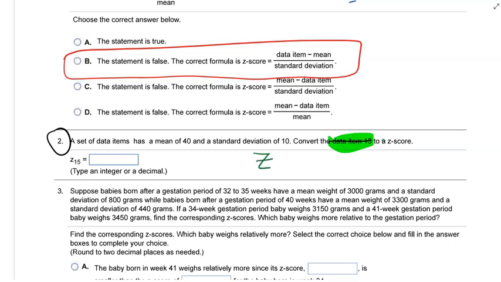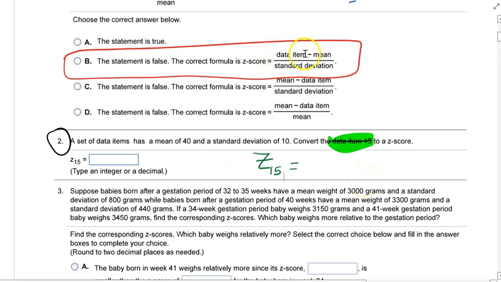The z-score of 15. Sometimes we can write z of 15 as a subscript. It's not necessary to put 15 as a subscript, but that's okay. It equals the formula here.